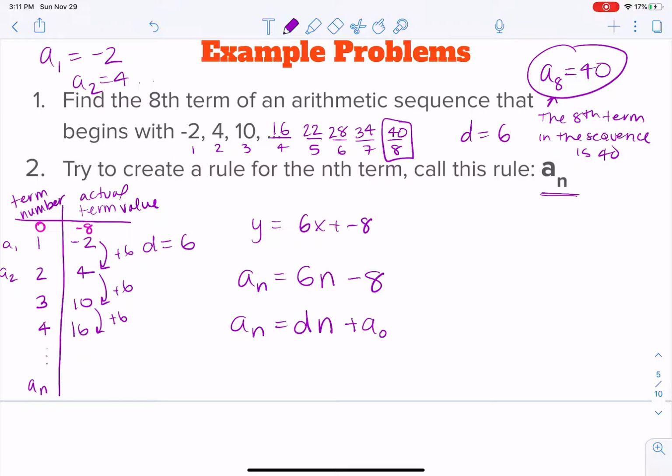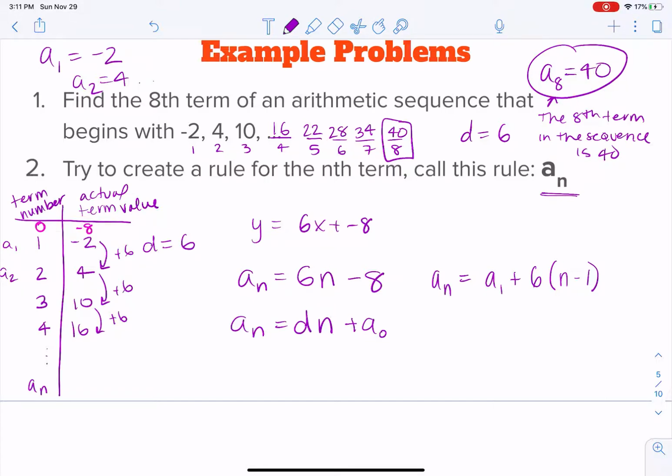Another way that we could look at this is, I can take my first term, which is very common when we're talking about arithmetic sequences. We're not often given the 0 term. We're just given term 1 of the sequence. So I can say a sub n is a1 plus my common difference times the term number before it.